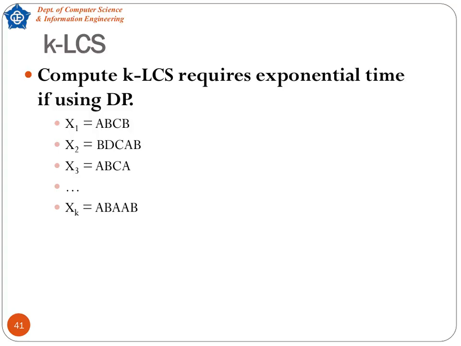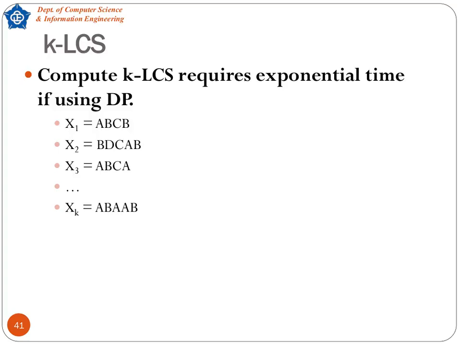Building on that three-string example, let's generalize to k sequences. If we tackle KLCS with straightforward dynamic programming, we end up managing a k-dimensional table, and the running time explodes exponentially in k. For instance, suppose our sequences are x1 equals ABCB, x2 equals BDCAB, x3 equals ABCA, all the way up to xk equals ABAAAB.